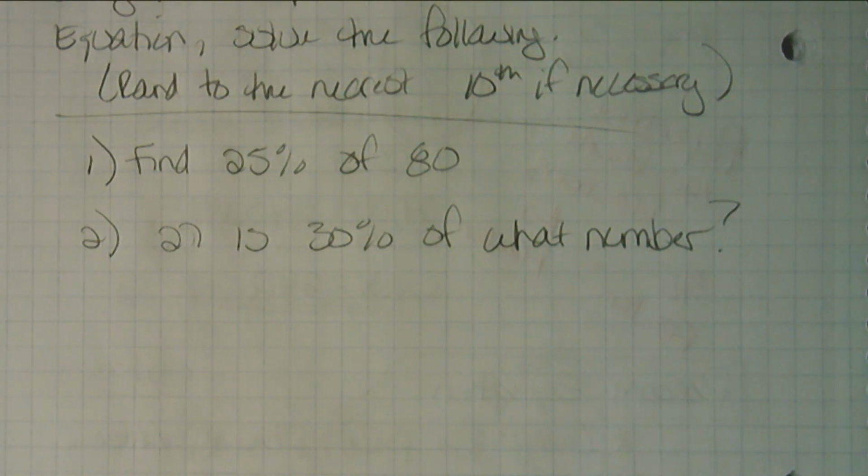So for each of them, you should be writing a percent sentence, and then from that percent sentence, you should be writing a proportion for each and a percent equation for each.